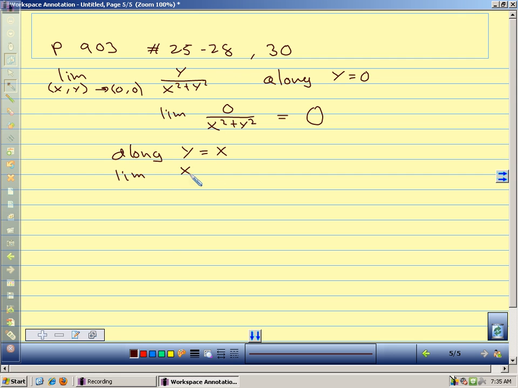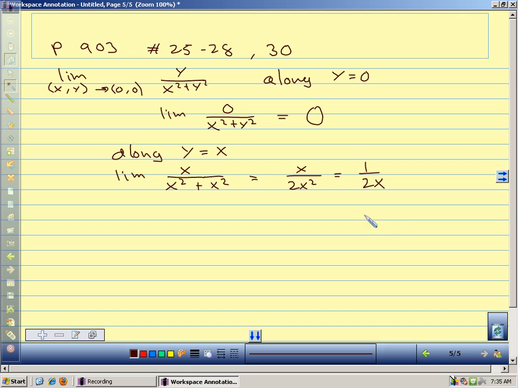So we get the limit of x over x squared plus x squared, which is x over 2x squared, and that gives us 1 over 2x. So we're taking the limit of 1 over 2x as x approaches 0, which is undefined.